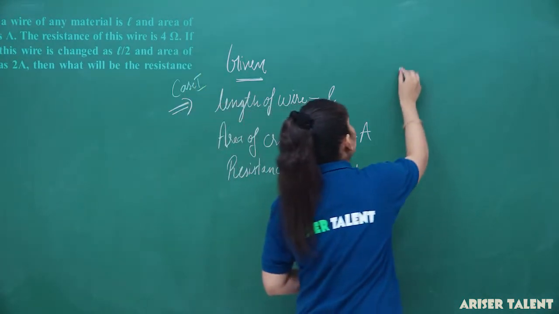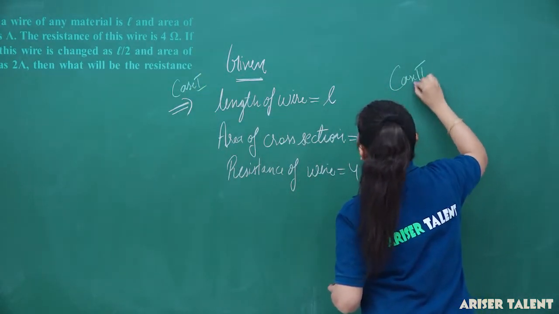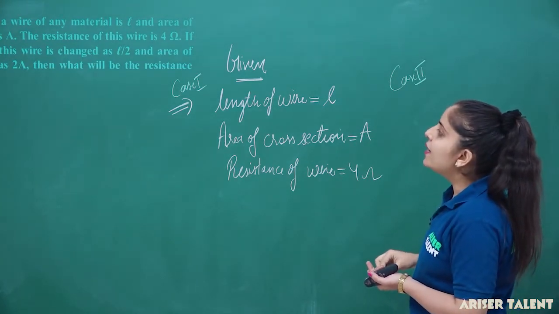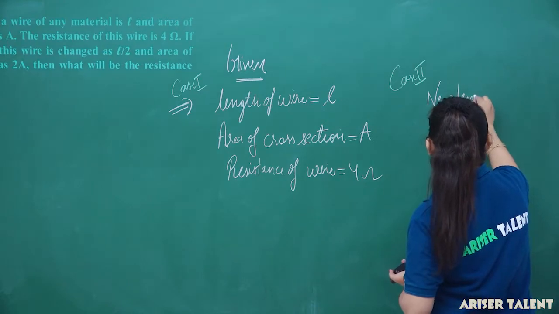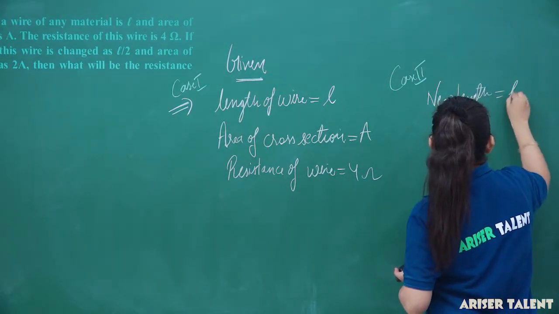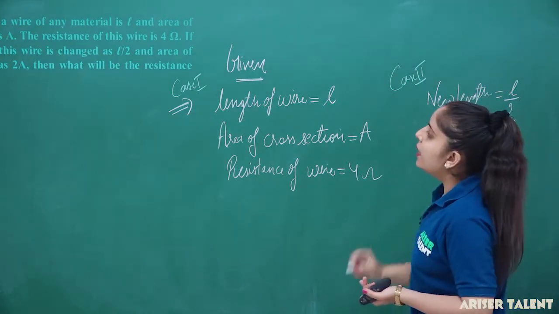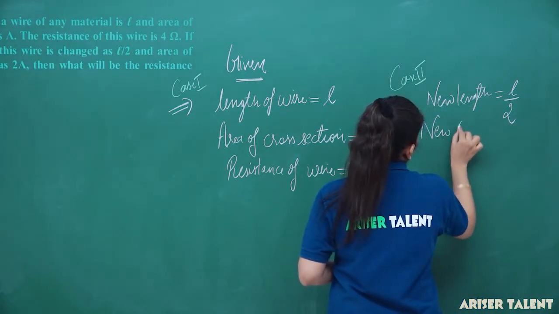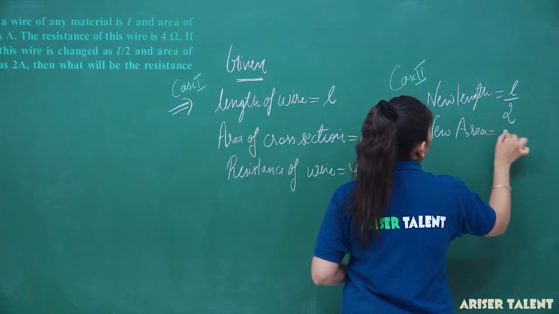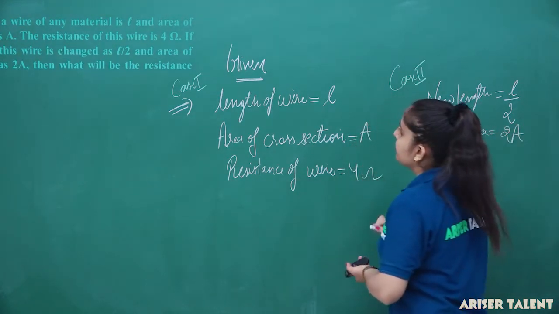Now, what actually happens in case 2? The length of the wire is L by 2. Now, the new length is L by 2. Area of cross section is 2A. What is the new area? New area we will have is 2A.